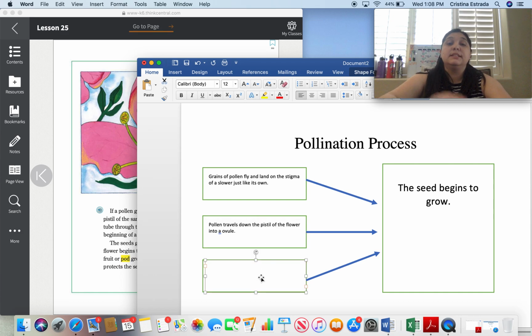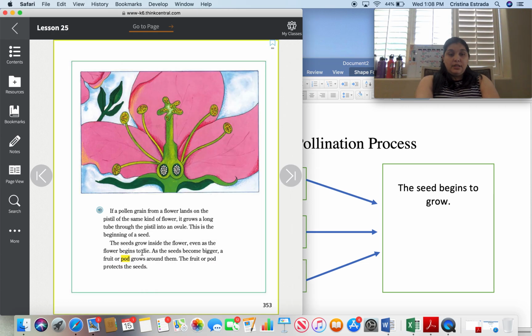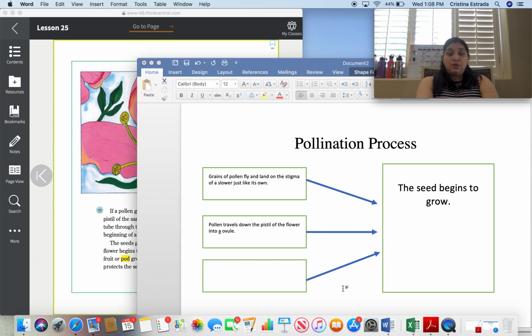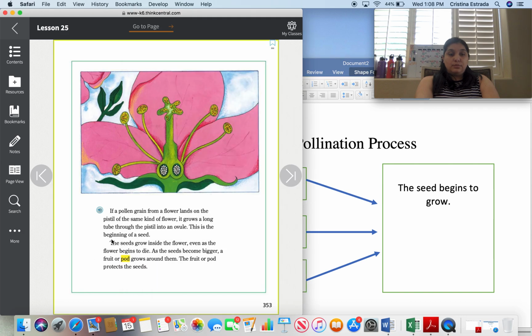Now once the pollen has gone in there, the seed grows inside the flower. So that's how the seed begins to grow. So it says it grows a long tube through the pistil. This is the beginning of a seed. The seed grows inside the flower.